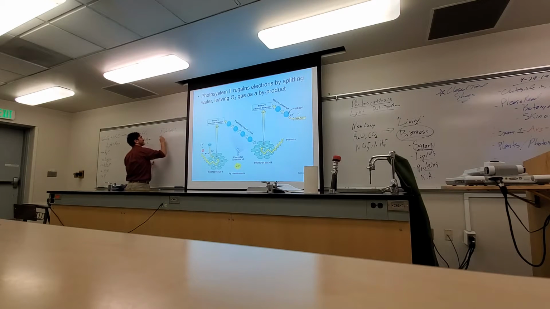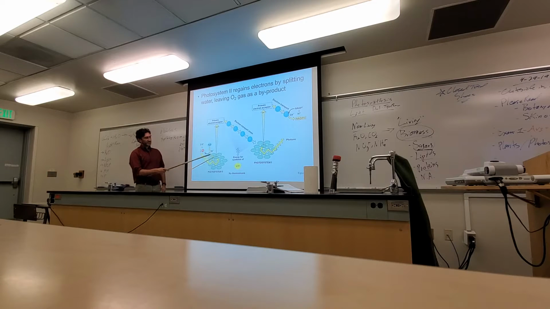Photolysis. It's the splitting of water. Splitting H2O to produce O2 and getting those electrons, okay? And those protons. All right. This is where oxygen is produced, that first step there.